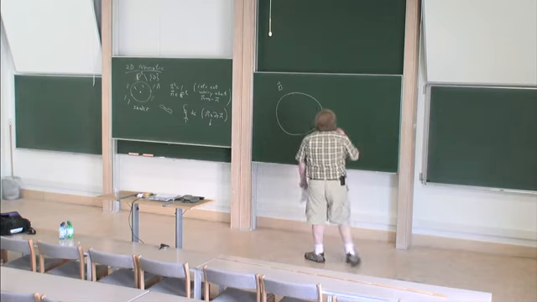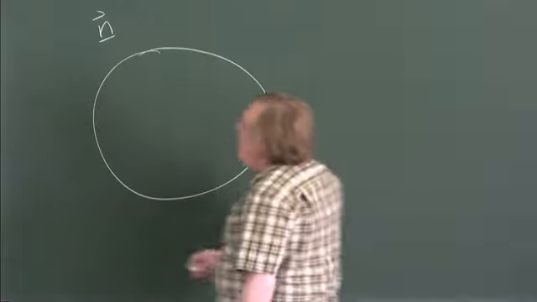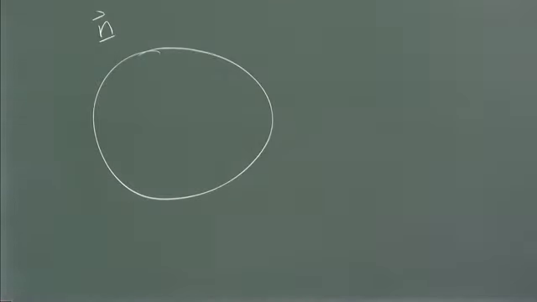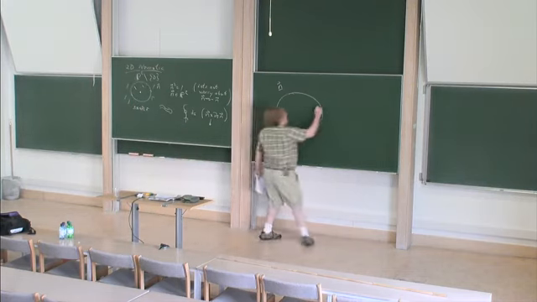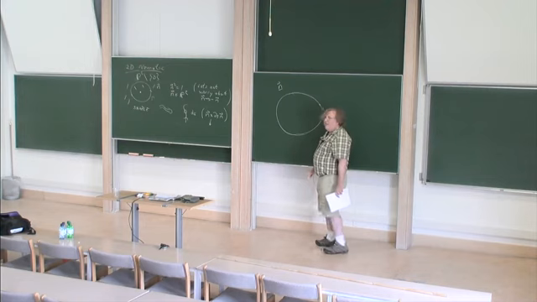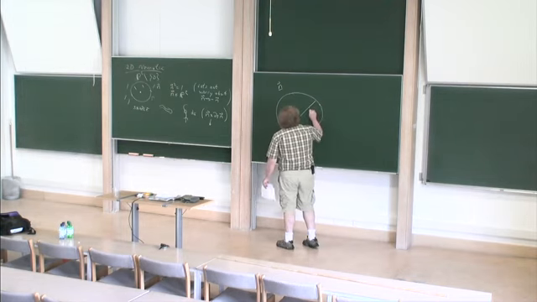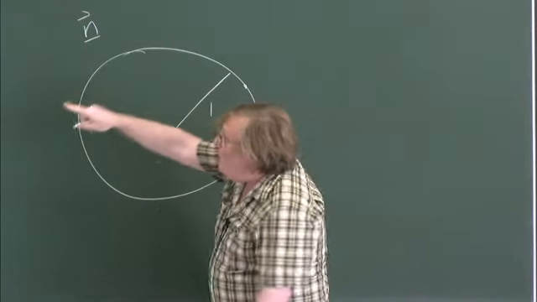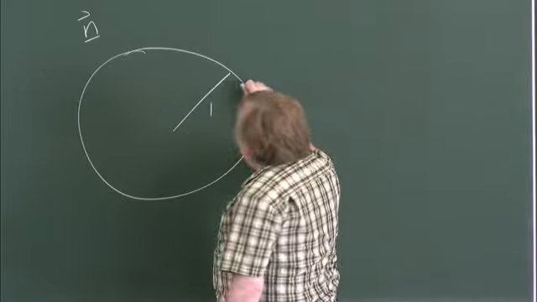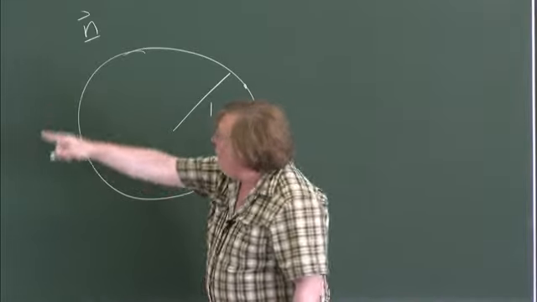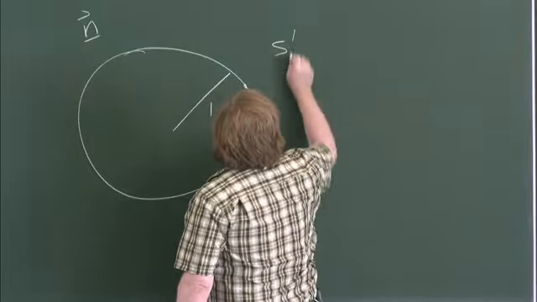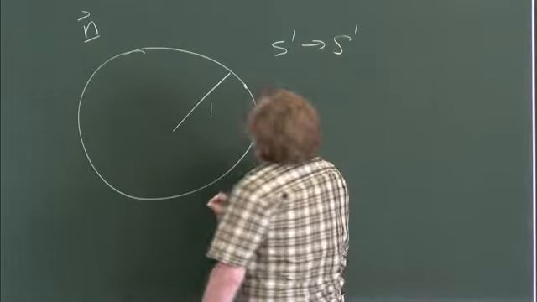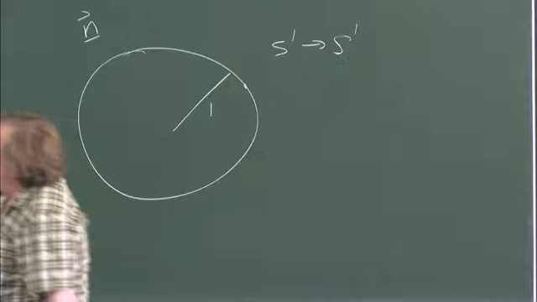Okay. All right. So here's n. Every point here, as I go around this yellow curve, gives me some point here. This is length 1. So every point here corresponds to a point here. It's a map from that circle to this circle, S1 to S1. So there's that circle, the yellow circle.